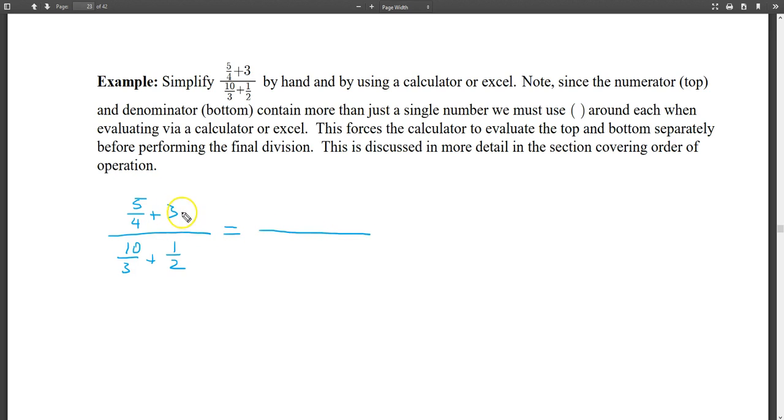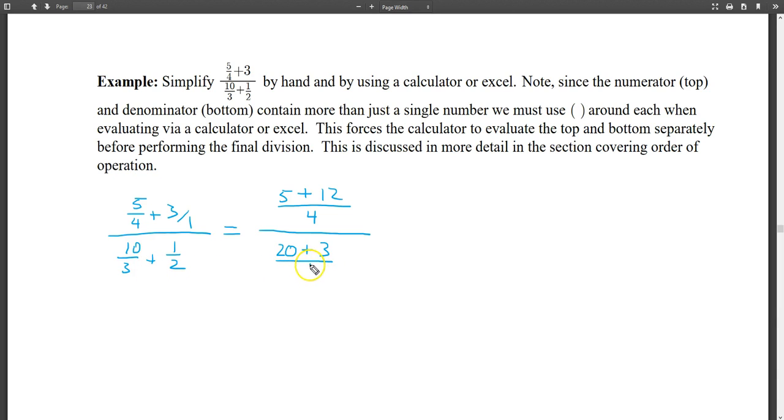In the top, I think of this as 3 over 1 right there. So this is going to be 1 times 5 plus 4 times 3, 12, over 4 times 1. So there's my numerator. In the denominator, 2 times 10 is 20. 3 times 1 is 3.